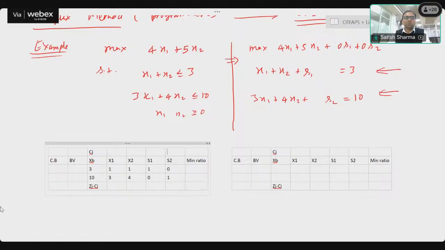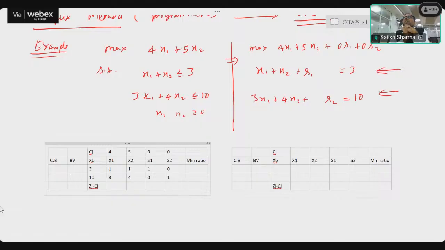Now let's look at the objective function. Generally we call it maximization or minimization of cx. This c is basically the objective function value. The x1 multiplier is 4, the x2 multiplier is 5, and then the s1 and s2 multipliers are 0. So I have placed this one as well. If you look at this particular problem, there are two conditions and four variables.